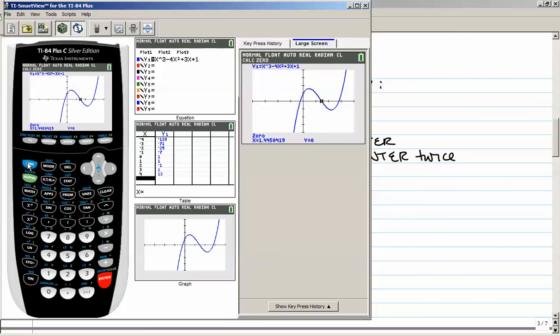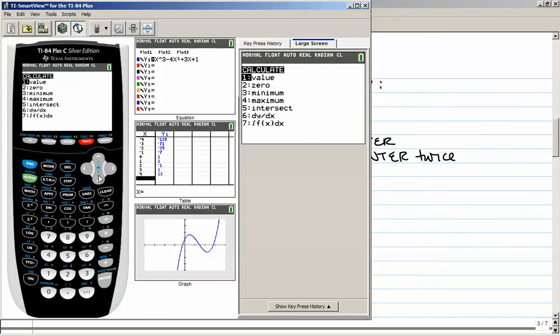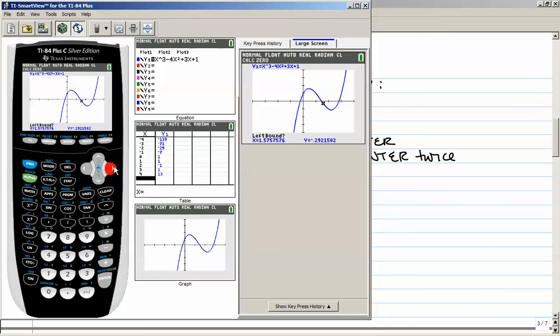And just for more practice, let's do the third one. Let's see if we can find an approximation for this 0 right here. So again, second trace, go down to 0 and hit enter. Move your cursor somewhere to the left of it. It doesn't have to be super exact. It just needs to be somewhere on this side of your 0. Hit enter. Let's move to the other side of the 0.